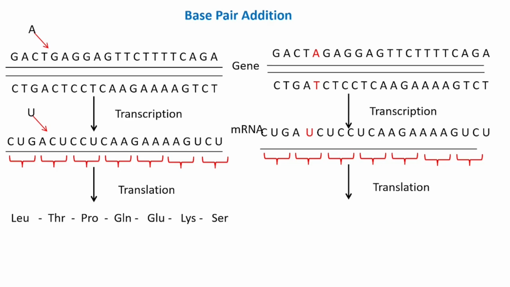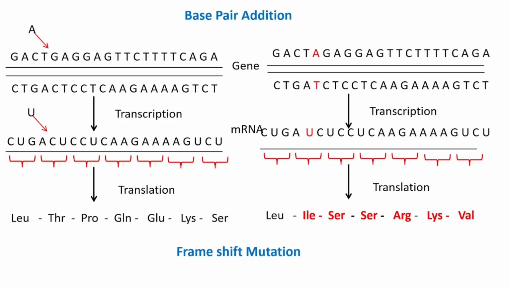On translation, the protein formed will have a change in the sequence of amino acids in the protein. Since insertion or addition of the base results in the shifting of the reading frame, such a mutation is called a frameshift mutation. It results in the change in codons and therefore a different amino acid sequence of the protein. This protein may or may not be biologically functional.